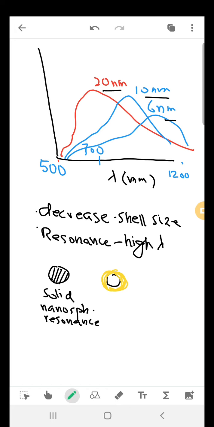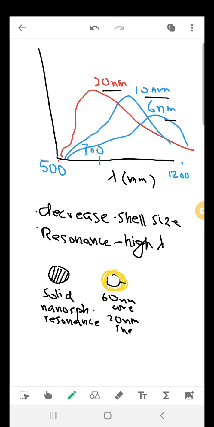So here the core radius would be 60 nanometers, and the shell width, I mean this distance, is 20 nanometers.